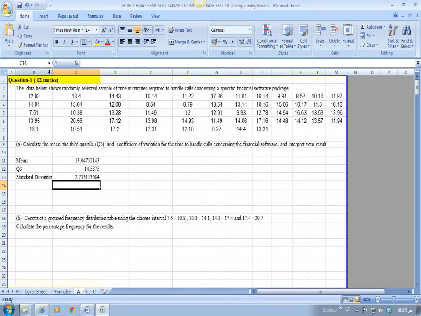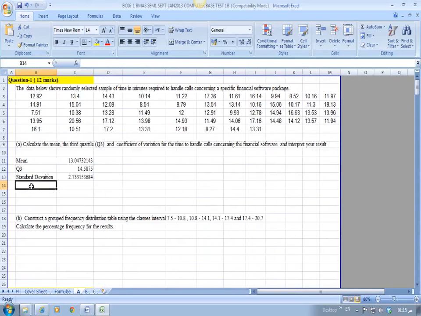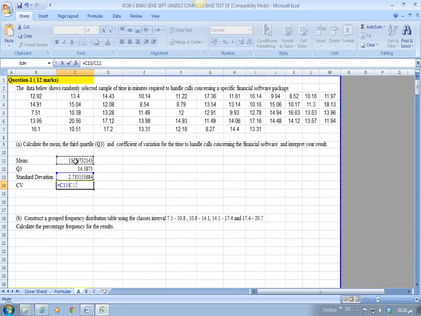Here you can widen the column, so you can make it bigger or you can make it small from here like this. Next is to calculate coefficient of variation CV. Coefficient of variation is equal standard deviation divided by the mean percent, so it is equal standard deviation, this is standard deviation, divided by mean, this is a mean.